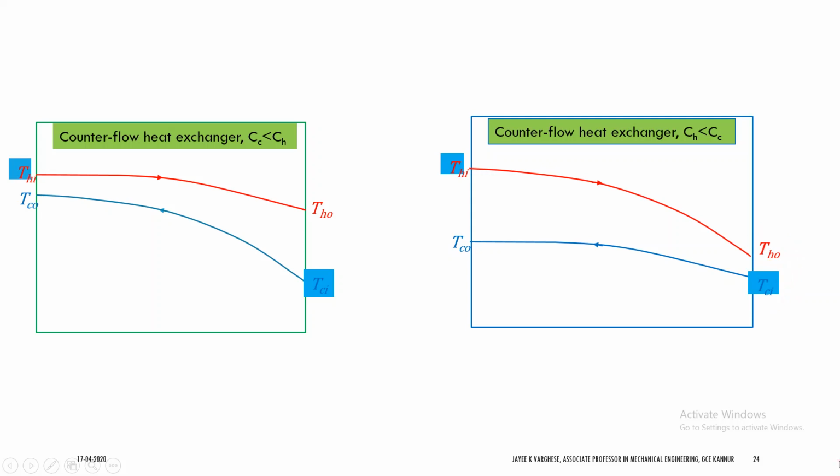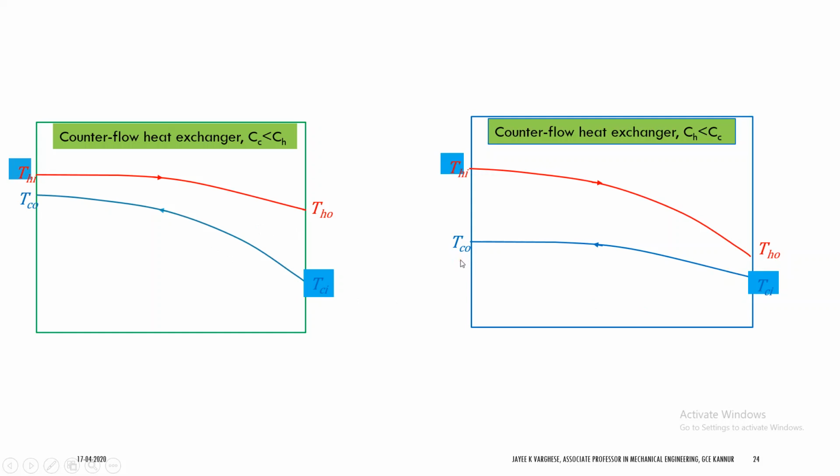So in the limiting case, any of the two cases is possible. One case is TCO will tend towards THI, or THO will tend towards TCI. I repeat, either TCO will tend towards THI or THO will tend towards TCI. So any of these cases can happen.